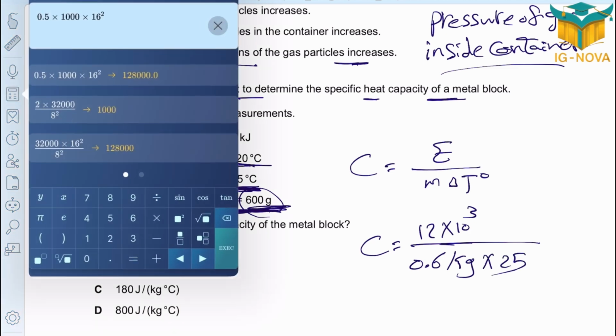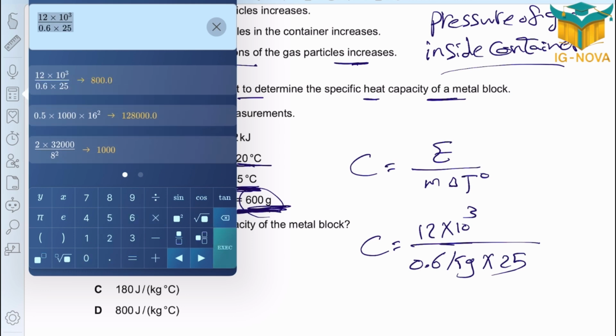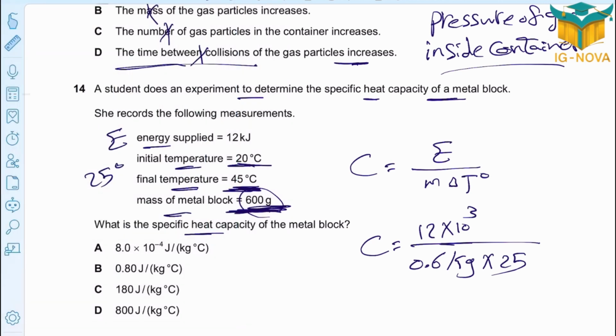Using the calculator, 12 times 10 power 3, 12,000 over 0.6 times 25. The correct option is 800, option D. Easy calculation.